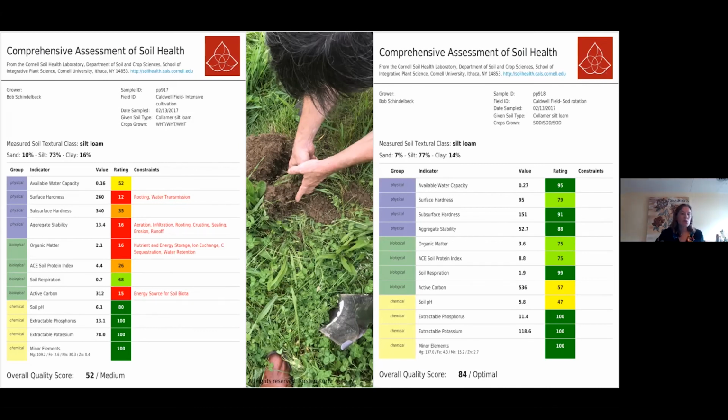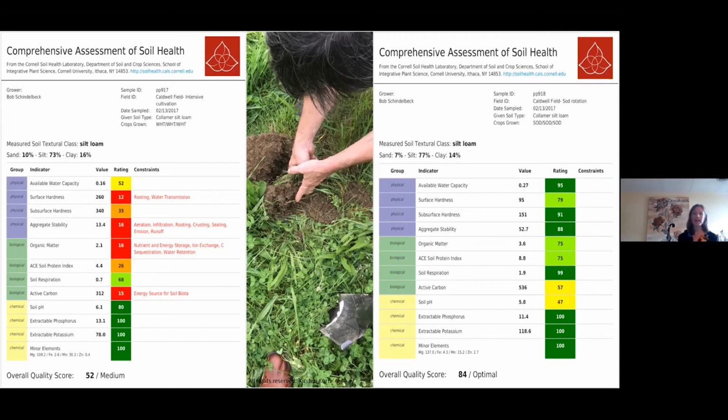These samples were taken 10 feet away from each other. The sample on the left has been intensely cultivated here on campus, and it's been tilled often more than once a year. So it's really been used hard, as one might say. Whereas the soil health report on the right is the grass directly outside of this.